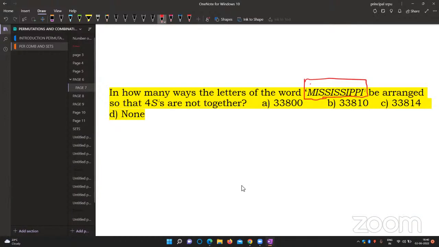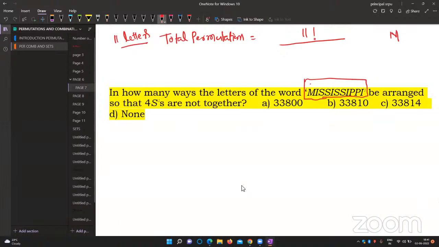So total permutations is equal to 11 factorial, you are aware of this, divided by the repeated letters.